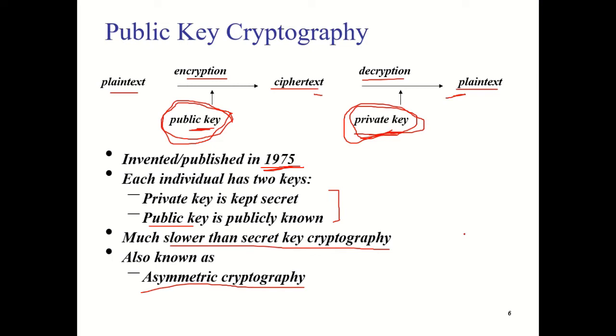So these are the two basic techniques of cryptography, symmetric and asymmetric, and we give these names on the basis of the keys we use. We call it symmetric because we use the same key for both ends, and asymmetric because we use different keys for the sender end and the receiver end.